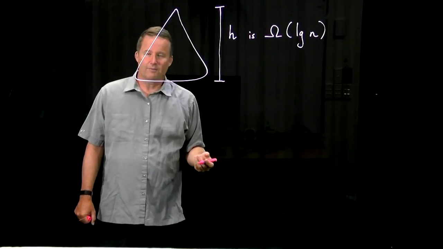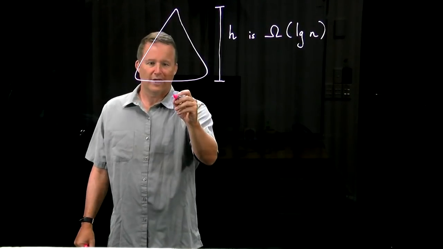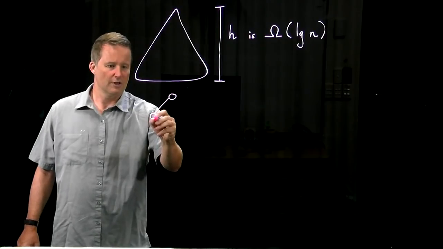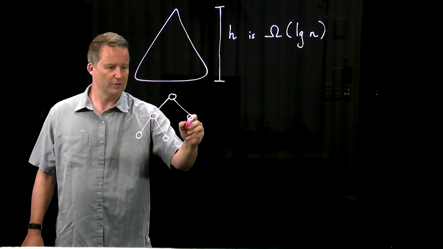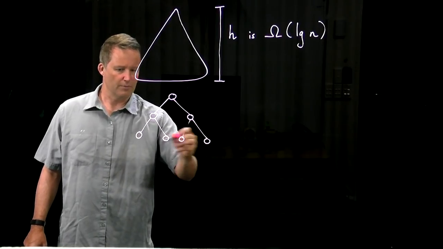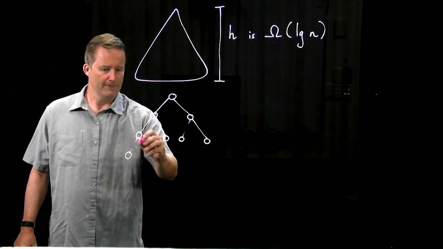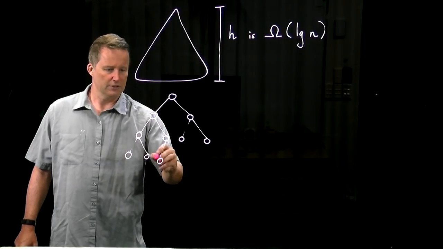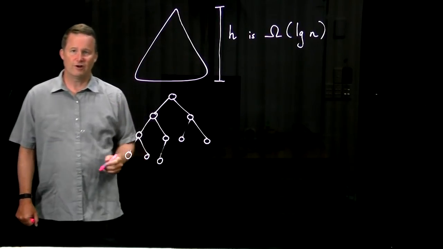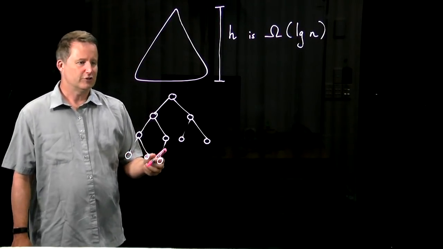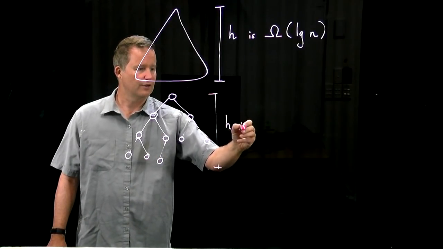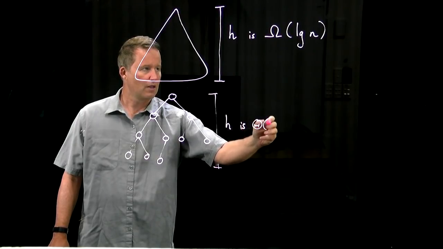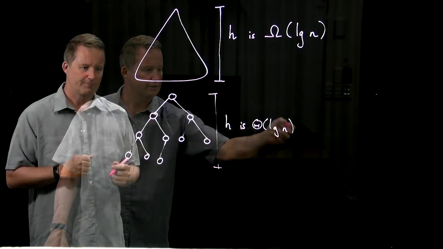On the other hand, we know that if we have a tree which is very close to balanced, such as the left complete tree we used to construct a binary heap, it is very easy to see that the height is in fact order of log n.